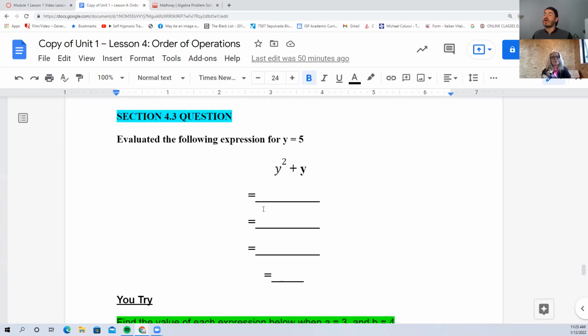So evaluate the following expression for y is equal to 5. Okay, we will do this out for you. So every time I see a y, I'm going to replace it with a 5. Why? Because that's what the problem is telling us to do.